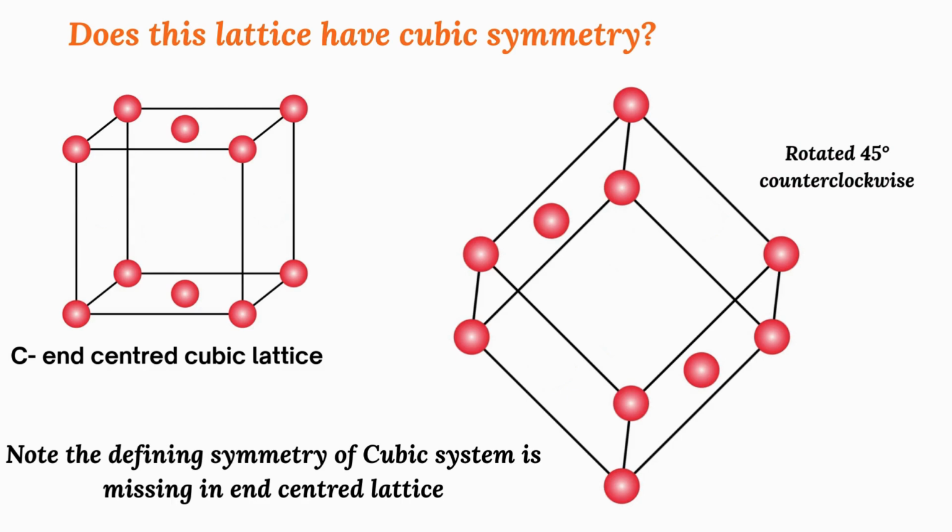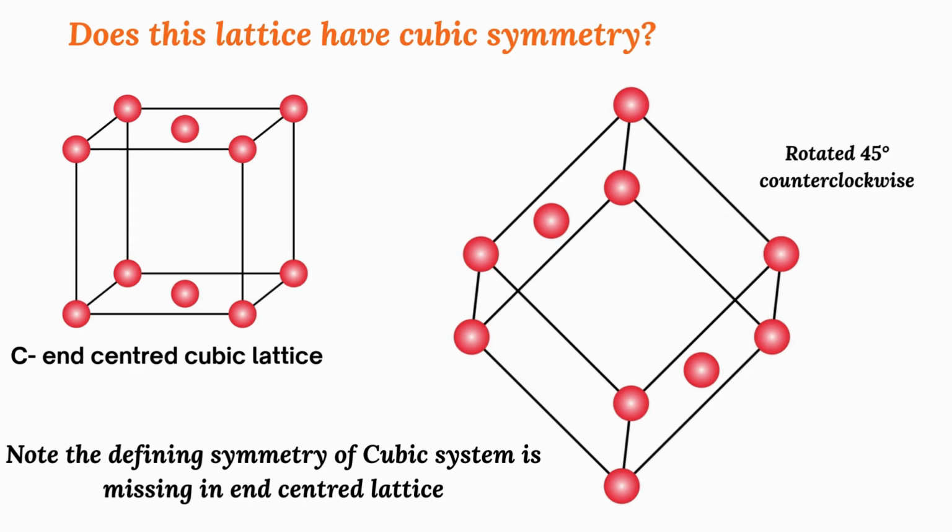For example, we'll take this n-center lattice. Does it have cubic symmetry? The defining symmetry of the cubic system is 4 diagonal axes of threefold symmetry. Just look at the right side: if I rotate 45 degrees and orient that diagonal axis, are you able to see the threefold symmetry of that axis? It's not present. So only twofold symmetry we will get. Because of this reason, we are not able to define a cubic symmetry in this lattice. Hence it's absent.